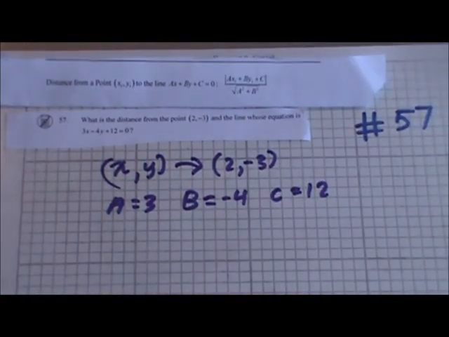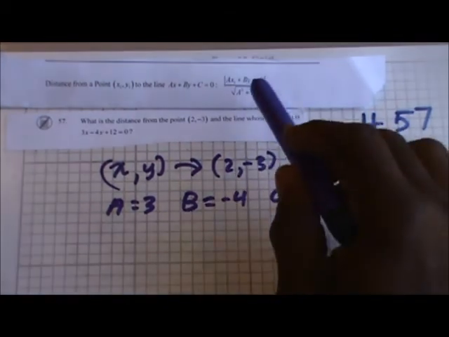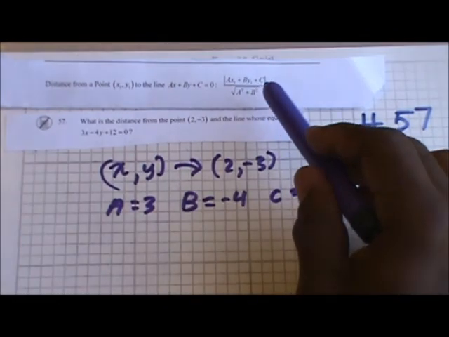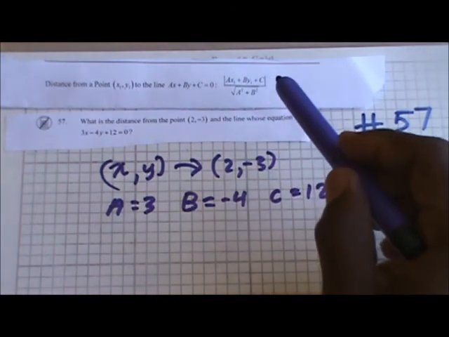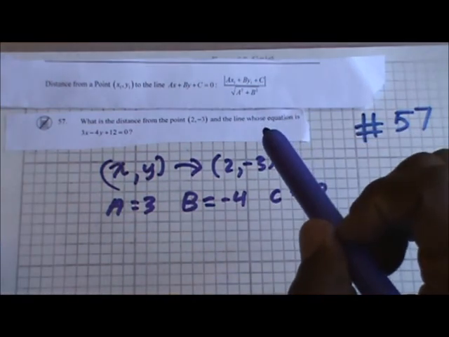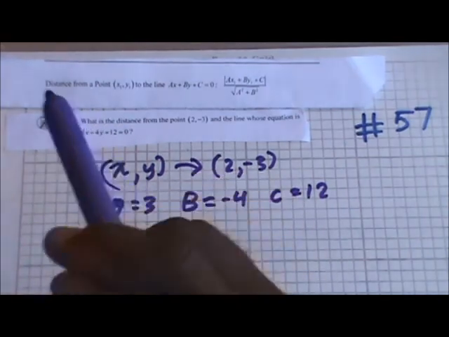Finding the answers for these should be pretty straightforward. We're plugging into the distance of a point formula on the front. They give you the formula. All you've got to do is plug in appropriately.